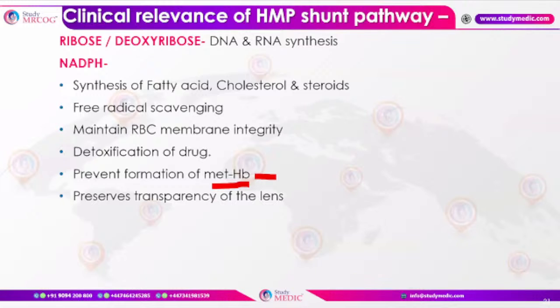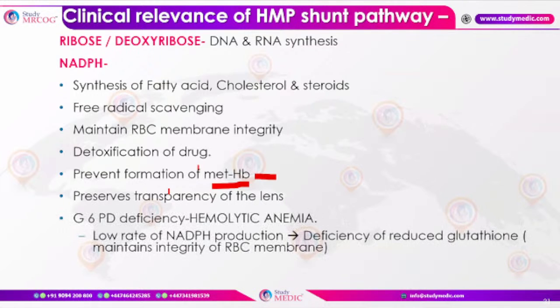Thus NADPH has a vital role in oxygenation as well, through conversion of methemoglobin to hemoglobin. It basically prevents the formation of methemoglobin. And never forget that the source of NADPH is the important enzyme glucose 6-phosphate dehydrogenase, and deficiency of this can lead to hemolytic anemia.